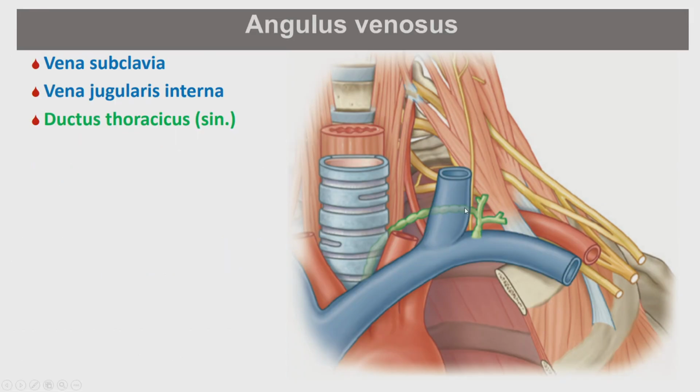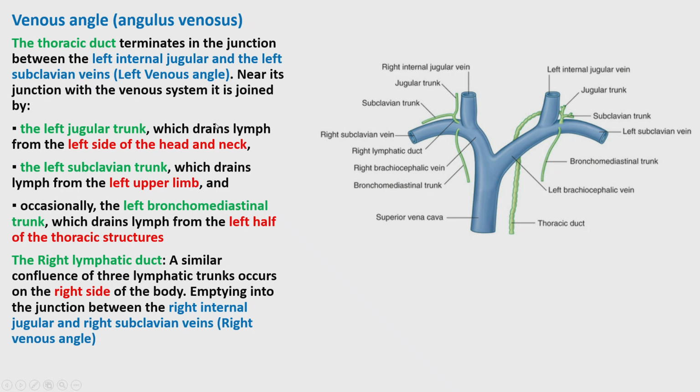On the left side, be careful, it is the place for the opening of the ductus thoracicus, or the thoracic duct, to this venous angle or angulus venosus. Very important, again, pay attention. The internal jugular vein and subclavian vein unite to make the brachiocephalic vein, and this place is called the venous angle. Left venous angle, right venous angle.